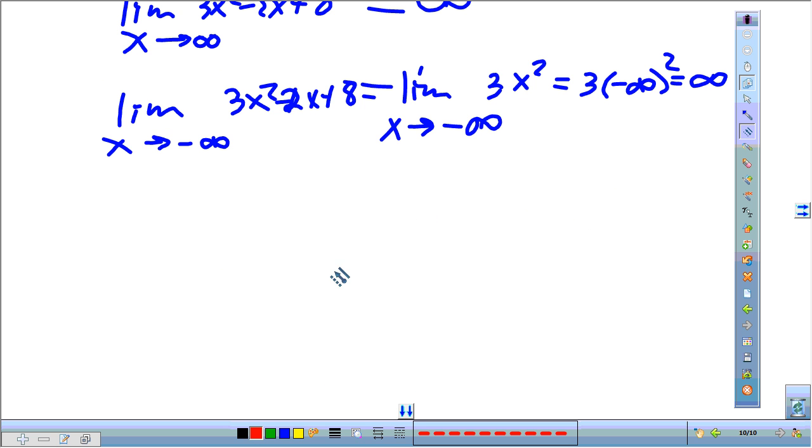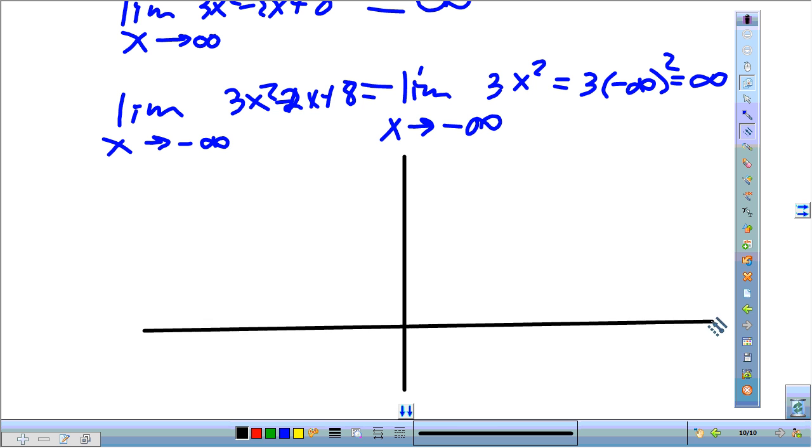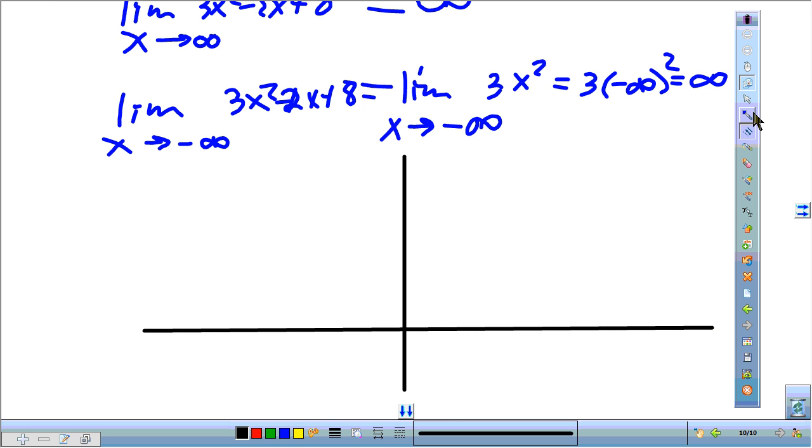So graphically, this gives this characteristic: as it leaves, it's just going up positive forever on both ends.